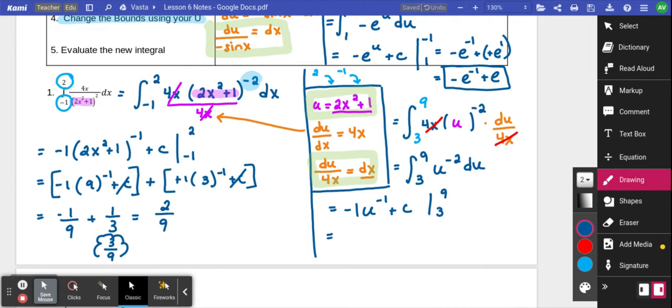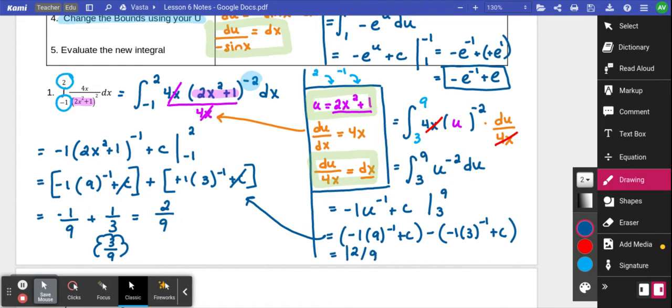When I plug in my numbers, I have negative 1 times 9 to the negative 1 plus c minus negative 1 times 3 to the negative 1 plus c. And you'll notice that this step of the problem actually looks exactly like this step of the original way we did this problem. So the u substitution is just a different method to get to the same place. Once I get there, I'm just going to go ahead and use the answer I already found, and I get 2/9 as my answer for that problem as well.